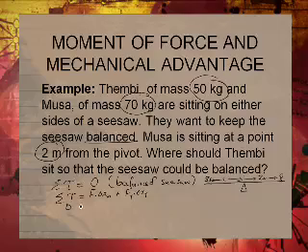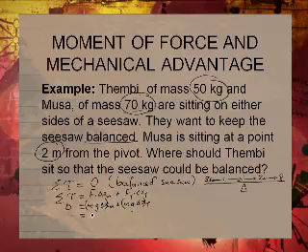So you've got 0 equals, for Musa, Musa is 2 meters away, and the mass of Musa is 70. Remember, this is working from the forces of gravity, or their weights. So this will be mg delta x for Musa plus mg delta x for Tembi.